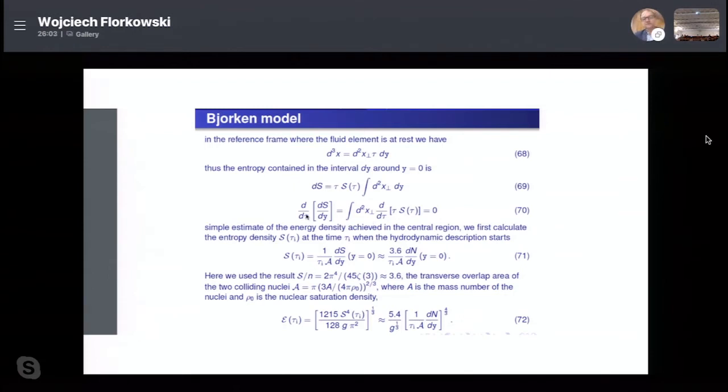Okay. So the derivative is zero, which means that the entropy per unit rapidity is constant. So now there are further simplifying arguments that entropy is related to the particle density. The paper by Bjorken had an idea about the pions.